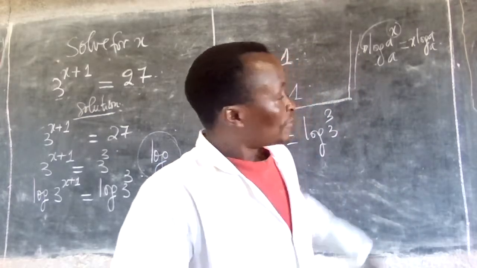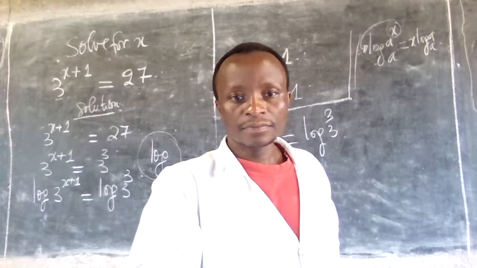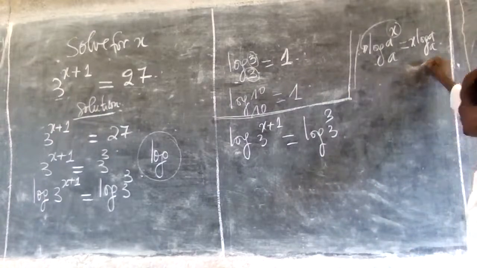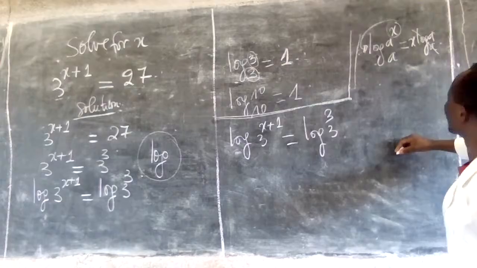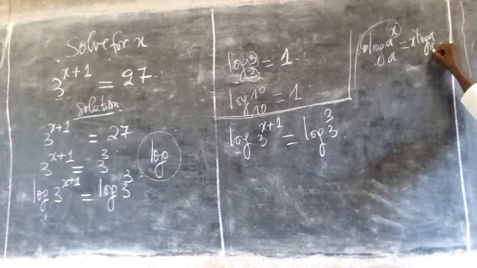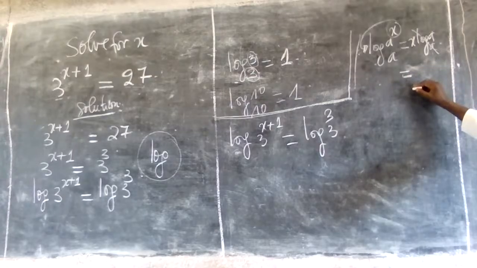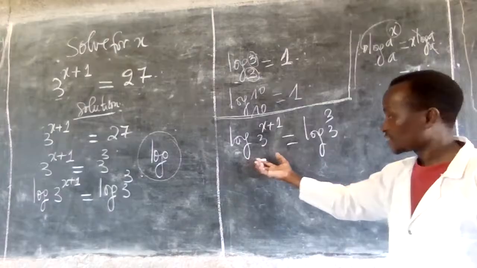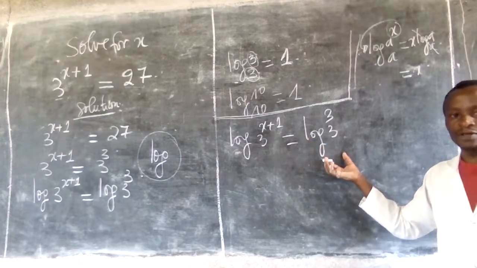Yes? Think about that property there. So, this will be equal to what? Those two numbers are the same, so we remain with x. Now, this is what we are going to use here.